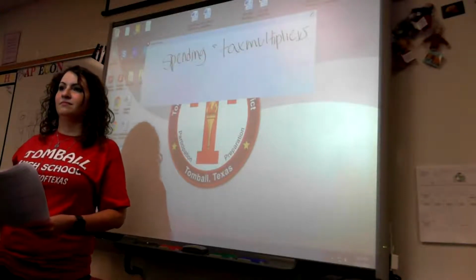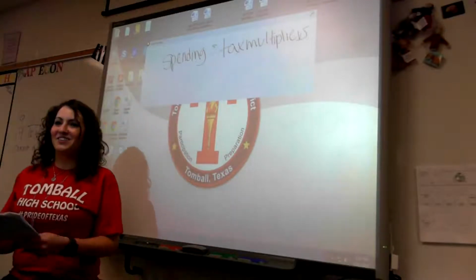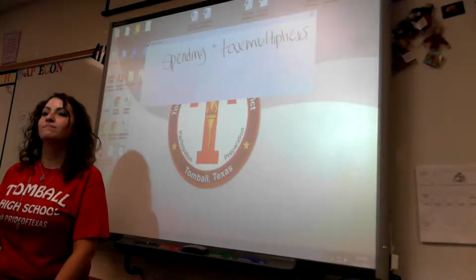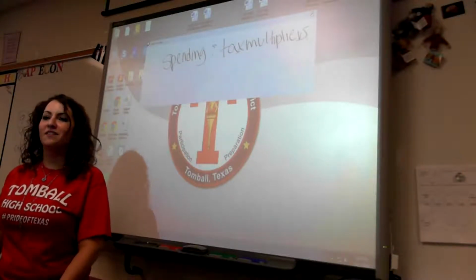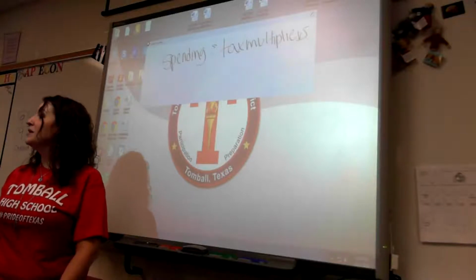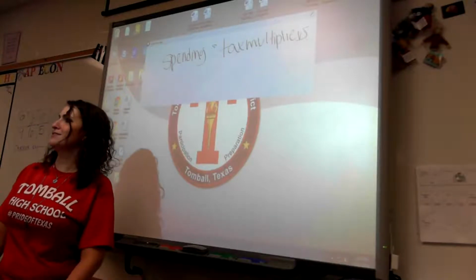Spending and tax multipliers. Does anyone from the first semester remember the spending multiplier? It sounds a whole lot like the tax multiplier.